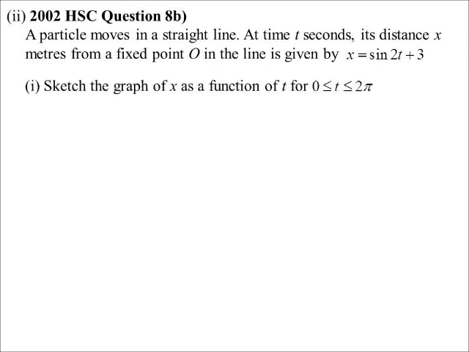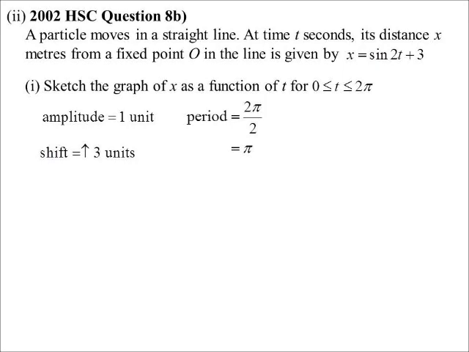Sketch the graph. I suppose this was just a really clever way of getting a question where they could get them to draw a trig graph, because essentially that's all this question's asking. Draw the trig graph, x equals sine 2t plus 3. So, alright, amplitude is 1, going to shift the whole thing up 3, period is pi, I'll mark my divisions every pi on 4.